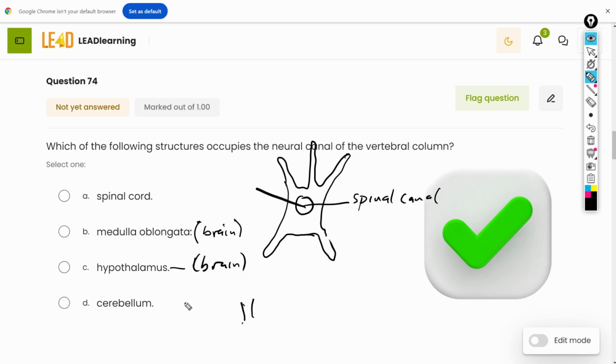It's not part of the spinal cord. And the cerebellum is also a part of the brain. In fact, the word cerebellum means little brain. So options B, C, and D, or medulla oblongata, hypothalamus, and cerebellum are parts of the brain and cannot go through the spinal canal. So our answer is A, the spinal cord.